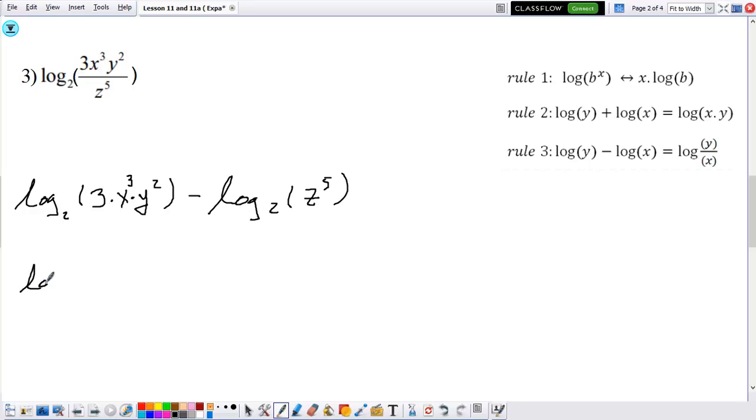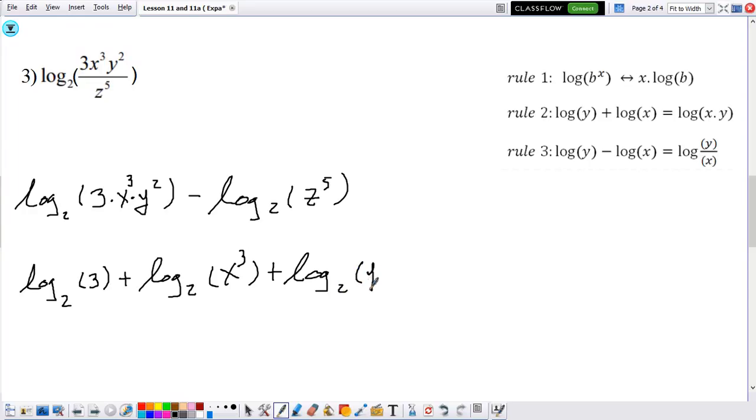So now we're going to have the following. Log base 2 of 3, plus log base 2 of the second thing that I'm multiplying, which is x to the third, plus another log base 2 of y to the second, and I'm still going to subtract the third one here, log base 2 of c to the fifth.